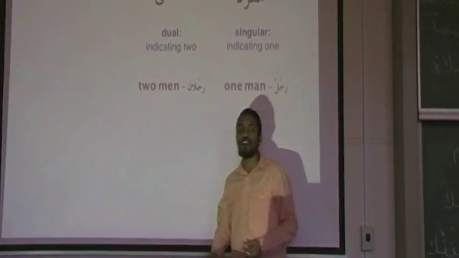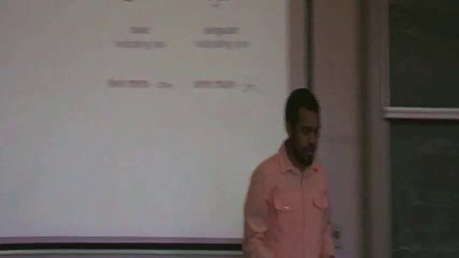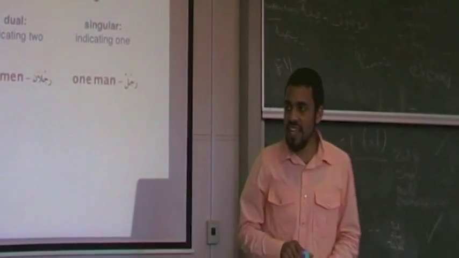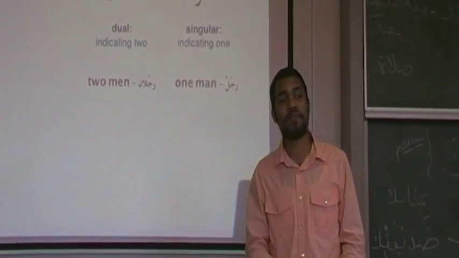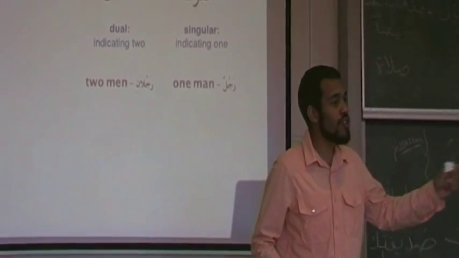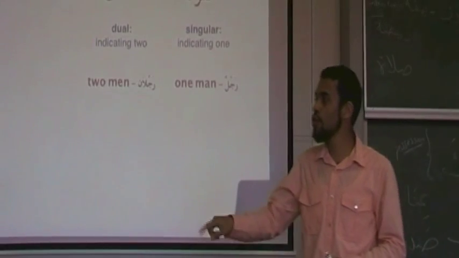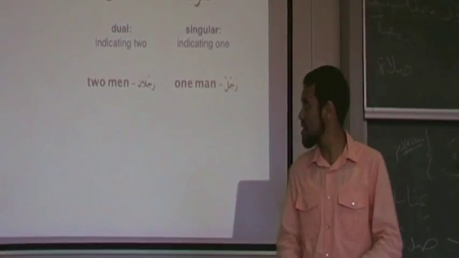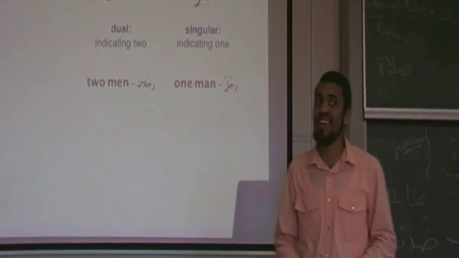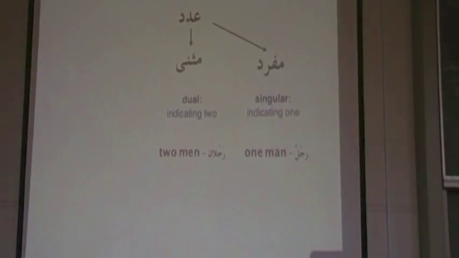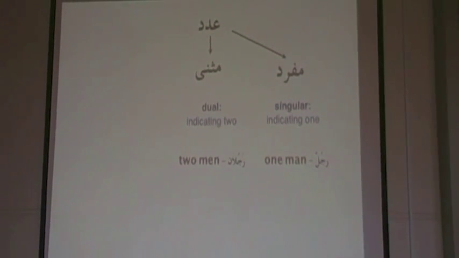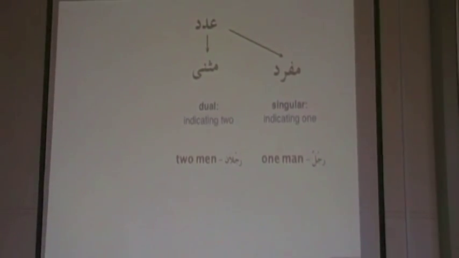Here's an example: rajulani. Everybody say rajulani. Singular rajulun, dual rajulani. The dual is known as muthanna, or tathniya. Say muthanna, or tathniya.